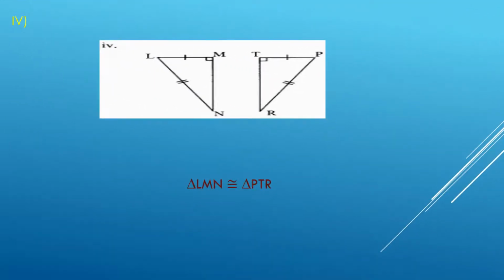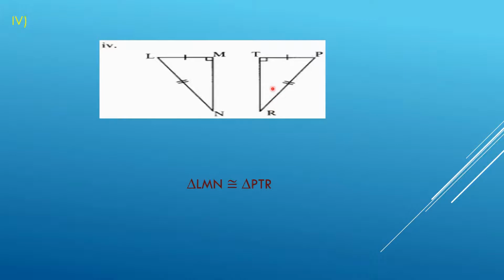Question. The figure is already given. In this figure, the side ML and side TP are equal, and angle M and angle T are also equal, and the hypotenuse LN and hypotenuse PR are also the same.